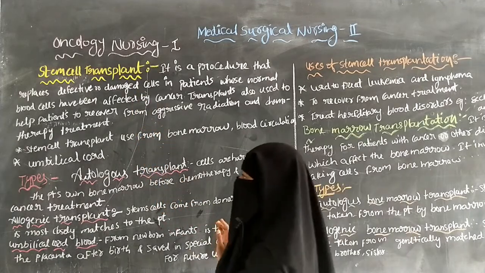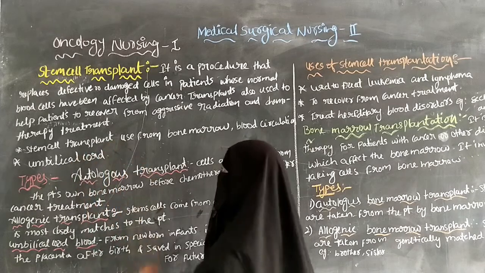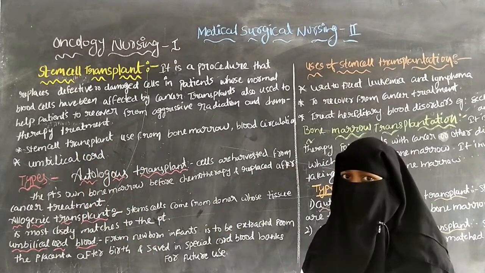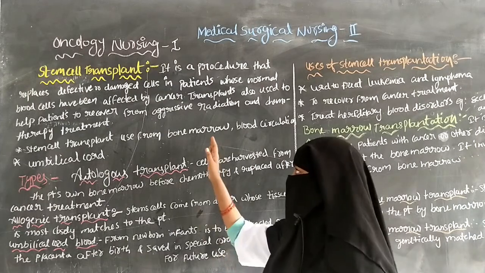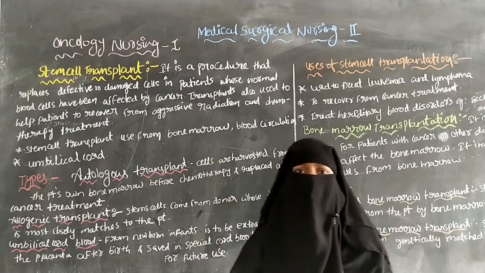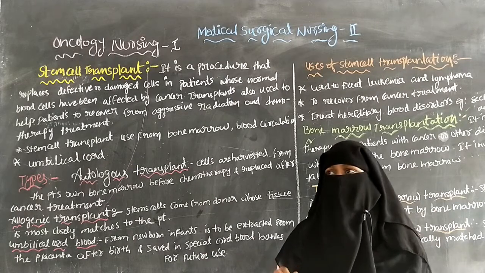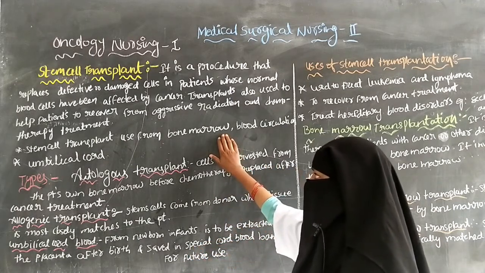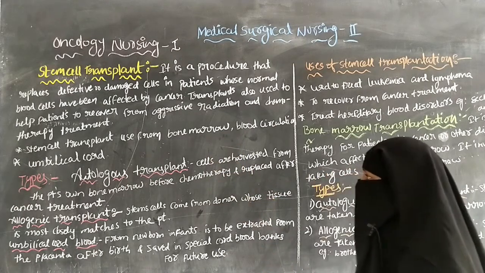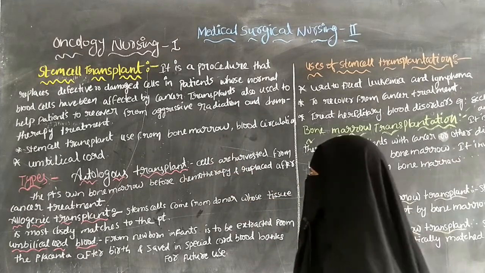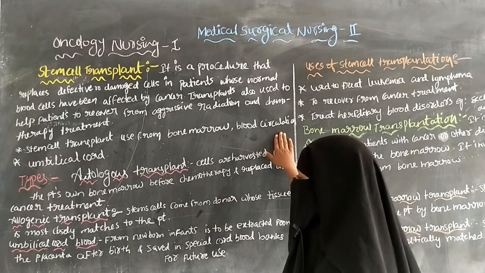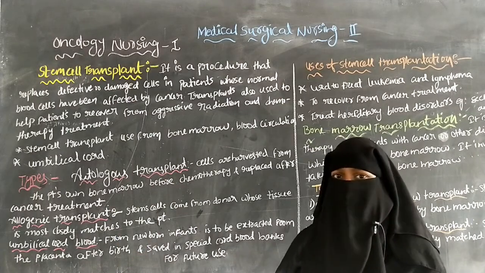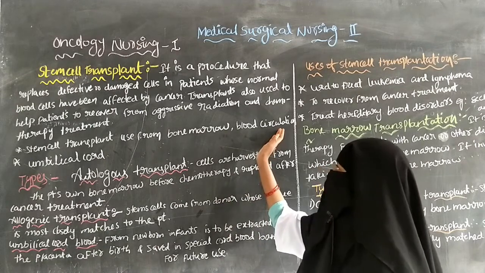Stem cell transplant uses bone marrow, which is spongy bone, for example in the hip and thigh bone, and it includes stem cells. The next source is blood circulation, which consists of new blood forming cells, so we can take them from the blood circulation.